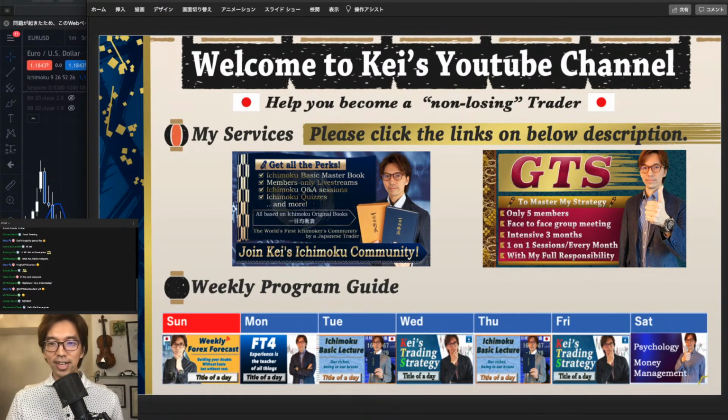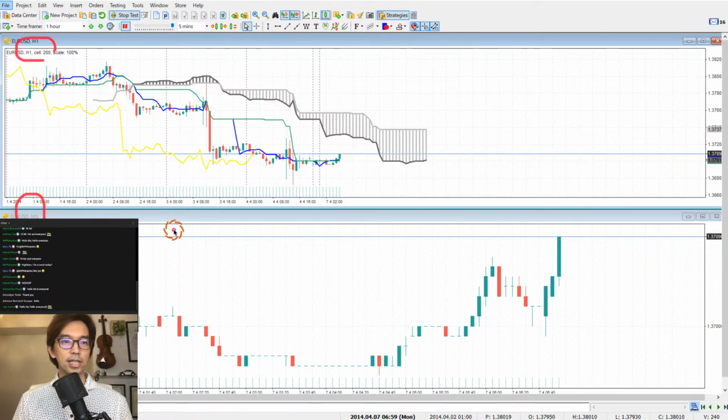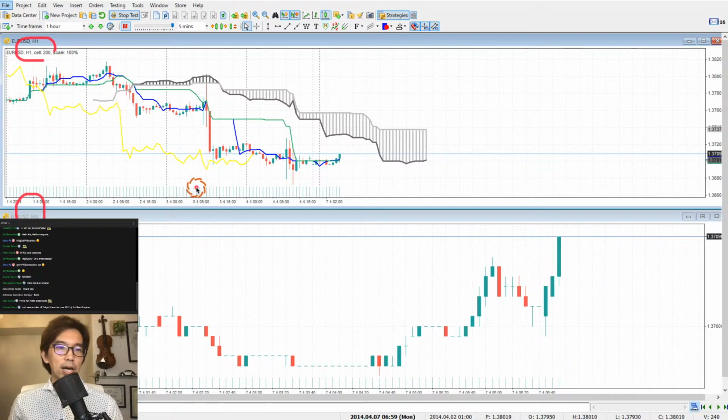So let's run the Forex Tester for now. Up here is the H1, 1 hour chart, and below here is a 5-minute chart. I only placed 2 time frames because if I lay out 3 time frames, which I usually use, you cannot see the whole Kumo, and it has to be horizontal.